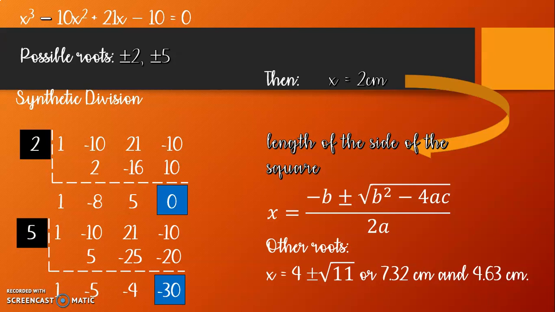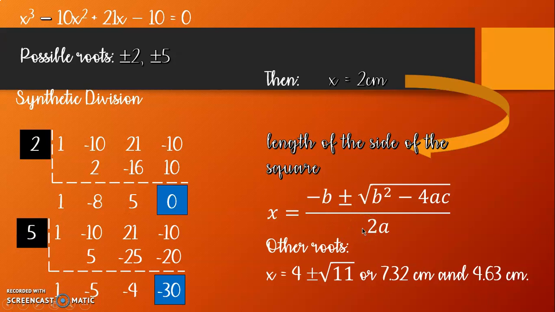But these two lengths are impossible since the width of the rectangular cardboard is only 6 centimeters. So there is already an excess of 1.32 for one, while 4.63 is also too large.